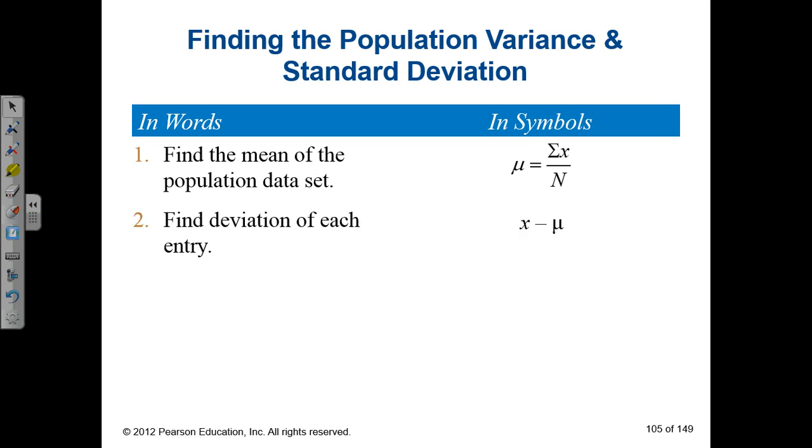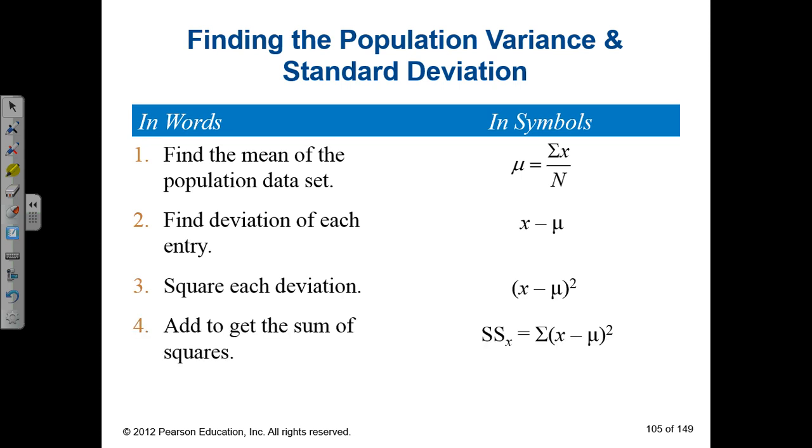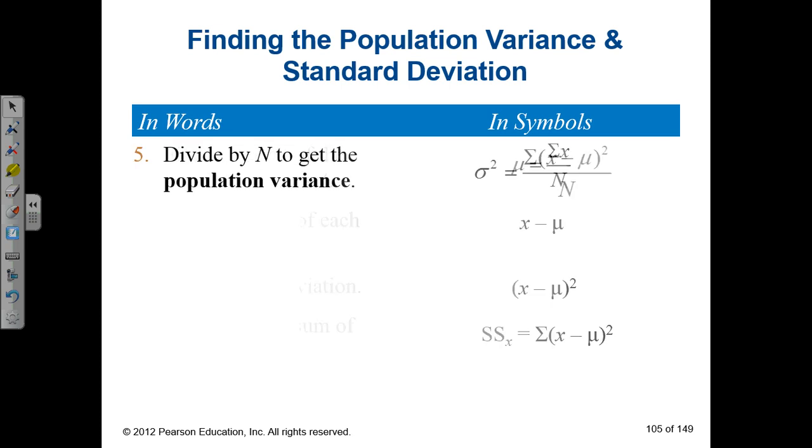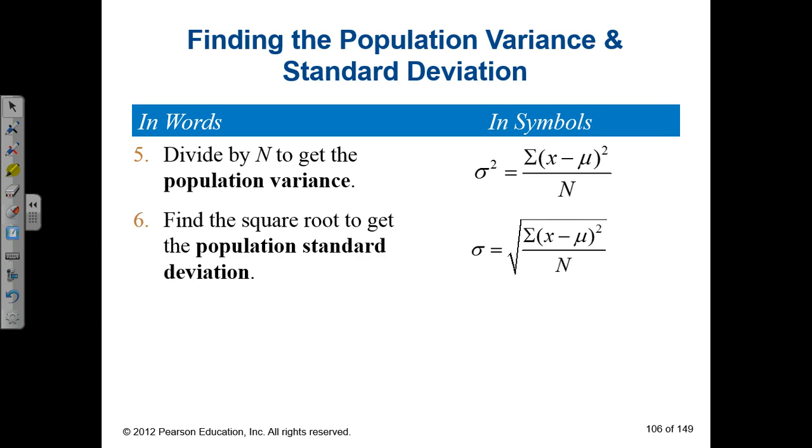Then we find the deviation of each of the entries by setting up that table, square each of the deviations, and add up the sum of those squares. Then to find the population variance, you divide by n, the size of your population. To find the population standard deviation, you take the square root of the variance.